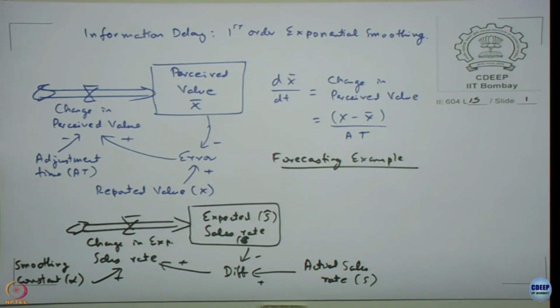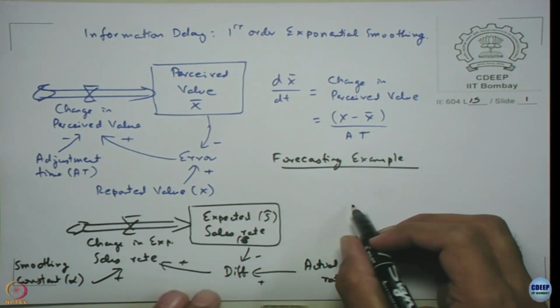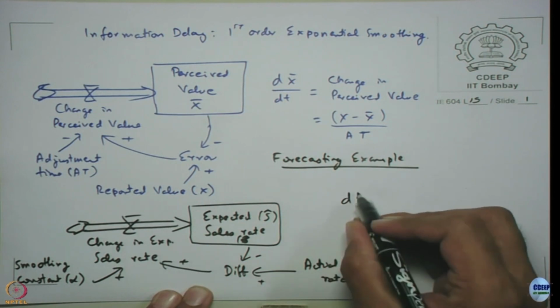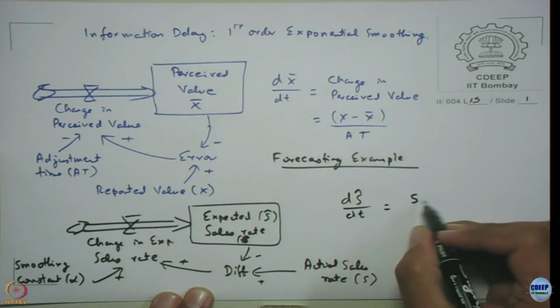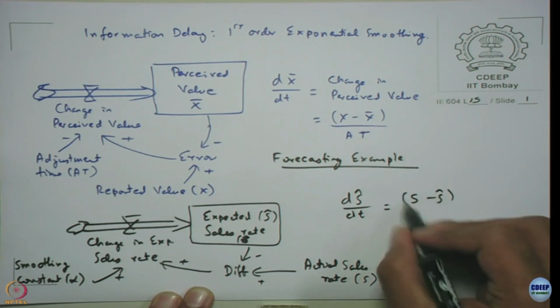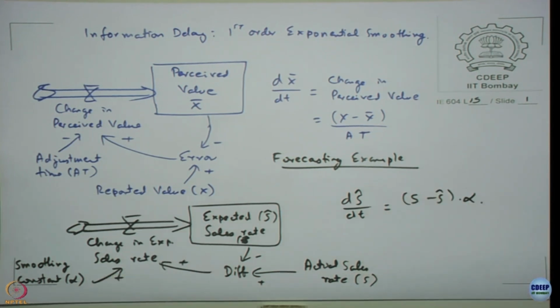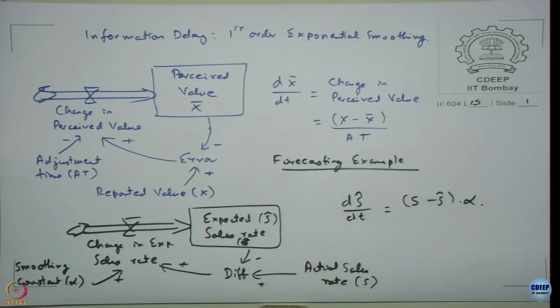So in this case we define the change in expected sales rate, dS hat by dt, simply as S minus S hat times alpha, where alpha is your smoothing constant. This is similar to a time difference equation of exponential smoothing forecasting.